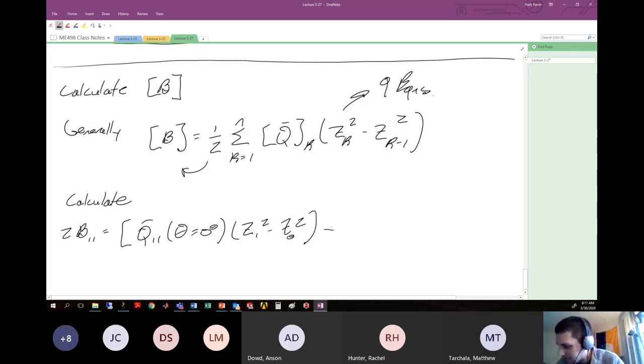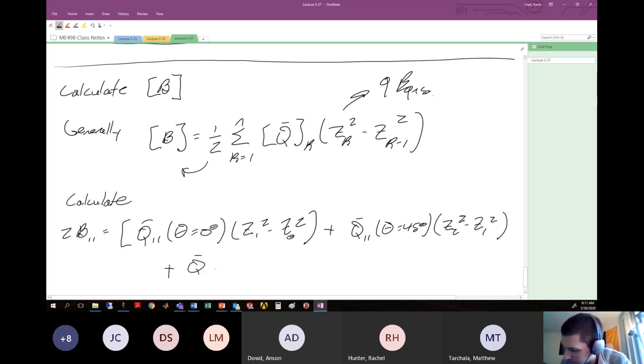This is again just following the general summation. Then I add to that Q bar 11 for layer number 2, oriented at theta equals 45 degrees, and here we have z2 squared minus z1 squared. Add to this Q bar 11 for theta equals 45 degrees, my next layer, times z3 squared minus z2 squared.